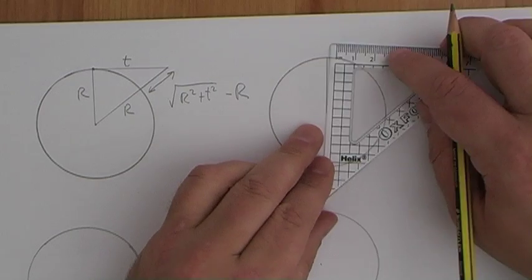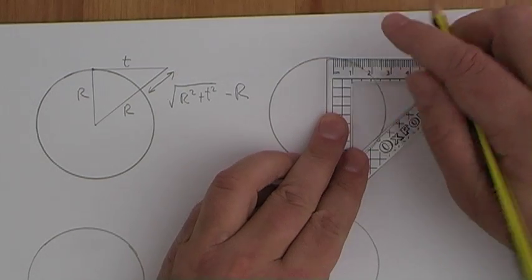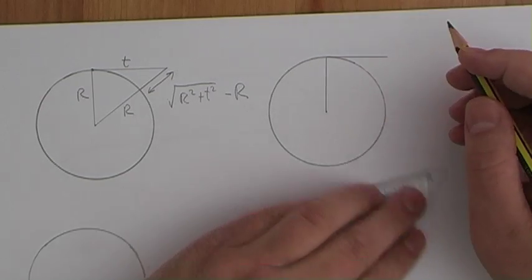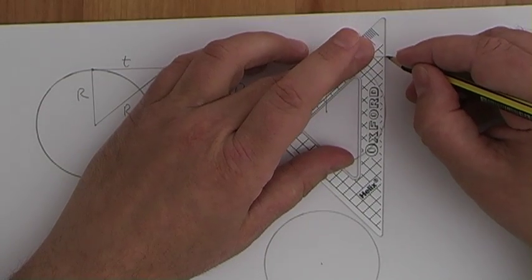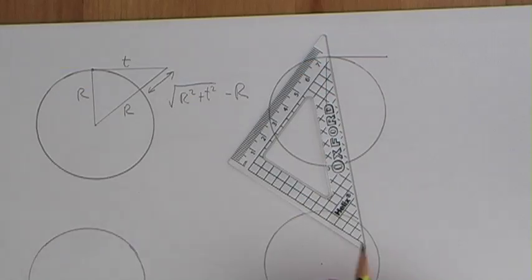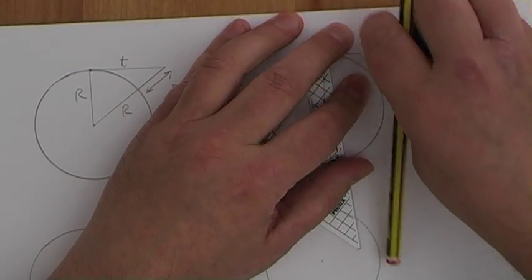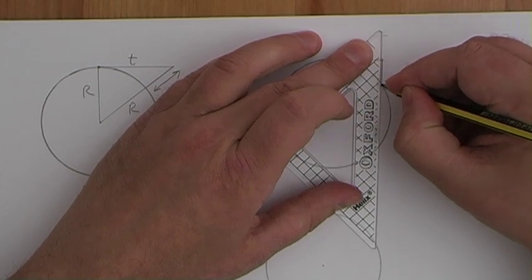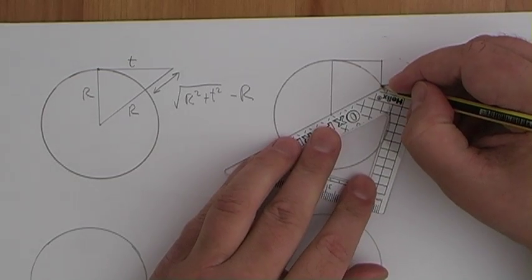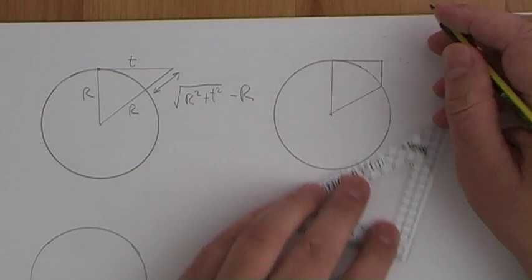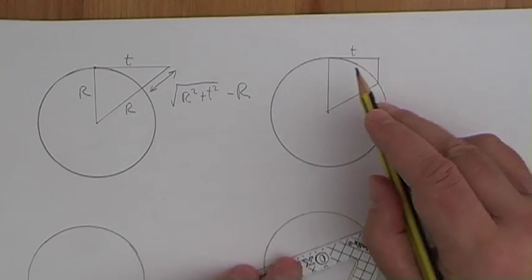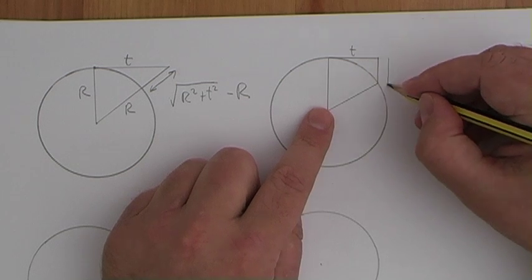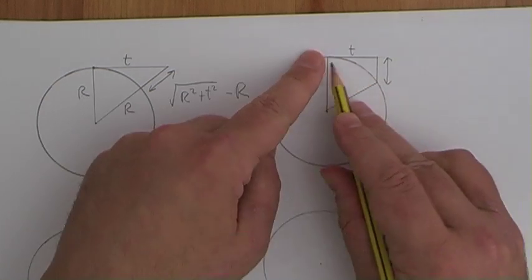Now, another one is, if we start there and we go along a tangent a distance t, but now, instead of going straight towards the centre of the earth, I go straight down this time. I won't go quite as far along as that. Suppose I go from there and then down to that distance there. So I've gone along a distance t, you're standing on this sphere here, and you want to know that distance there that is vertically down from your location.